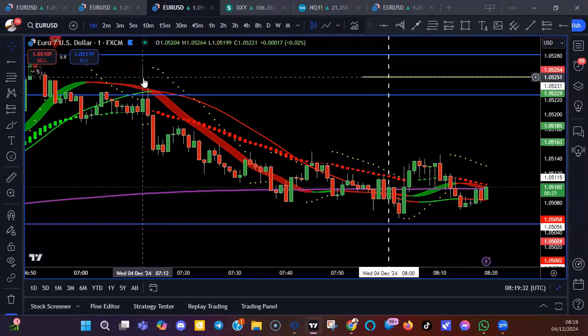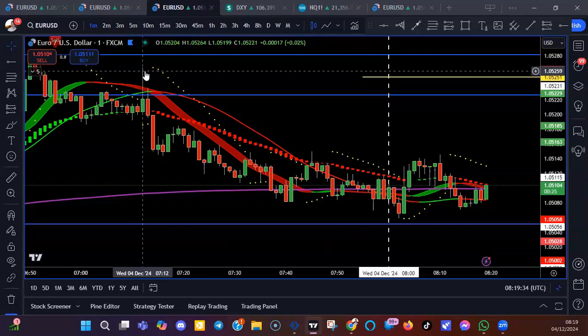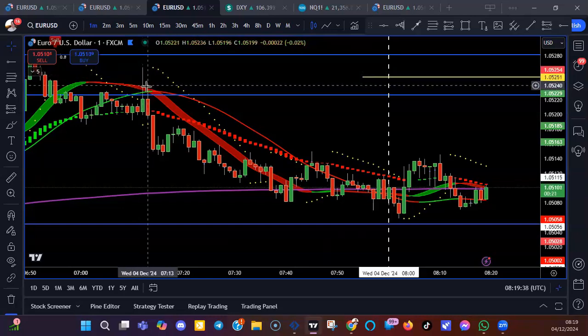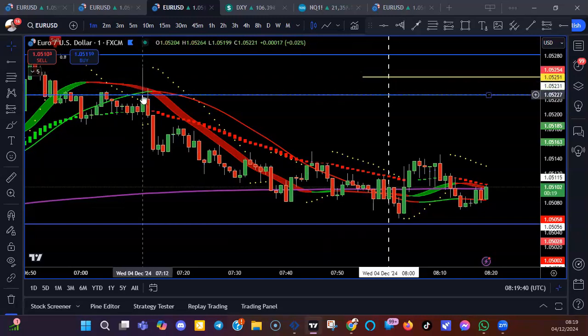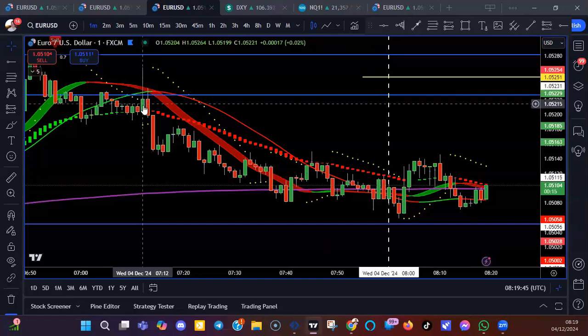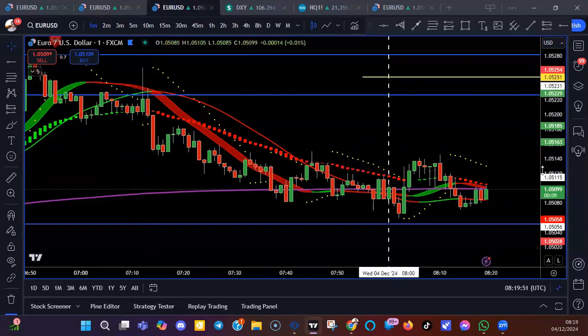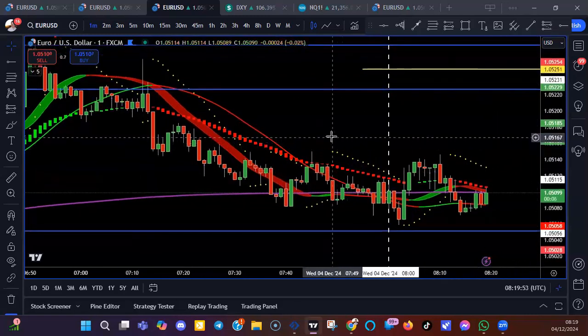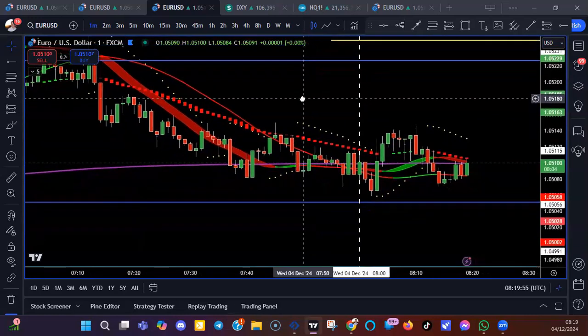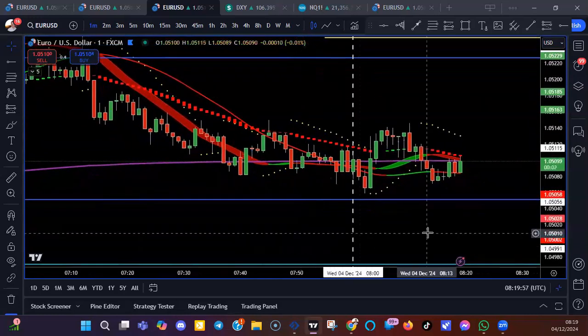If this was a 5-minute candle, it's not, it's a 1-minute candle, but if it was a 5-minute candle, there'd be a lot more people, a lot more sellers pushing the price down than if it was a minute candle. Sounds obvious to say, but just reminding you.